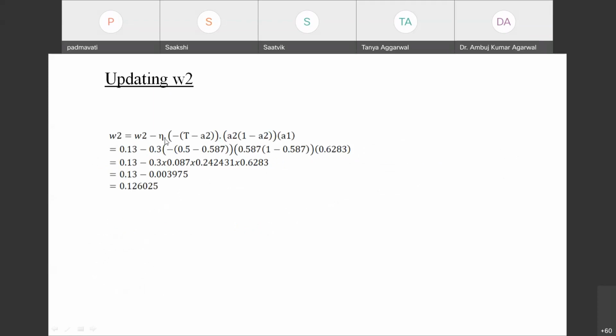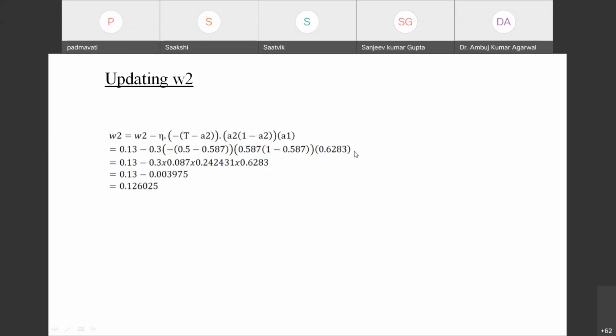The updated weight is W2 minus eta times the derivative of E with respect to W2, which comes out to be this. We know the W2 value is 0.13, and the eta value we assumed is 0.3. Of the values we know, one is 5, and the rest we computed just now. So place those values, and the updated value comes out to be 0.126025.